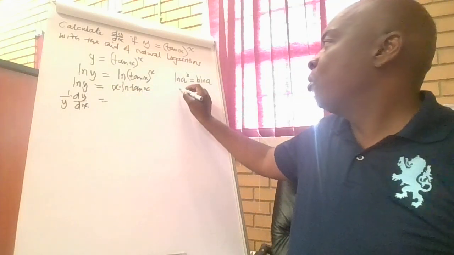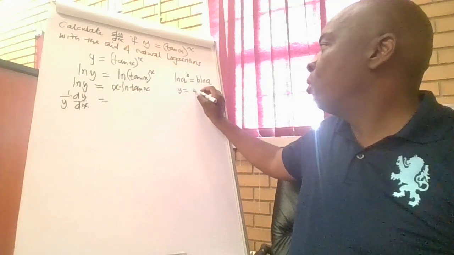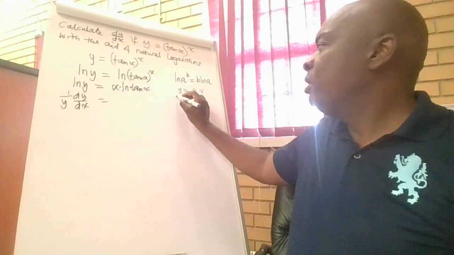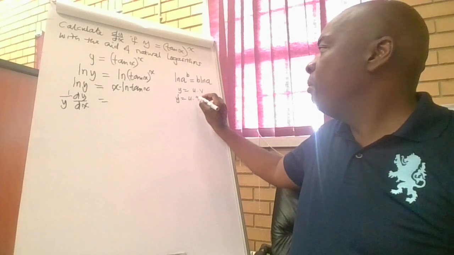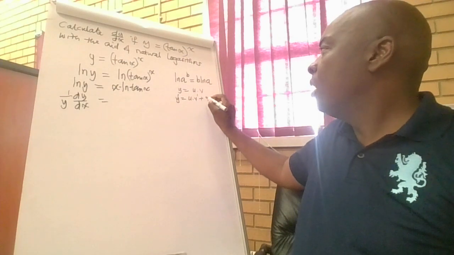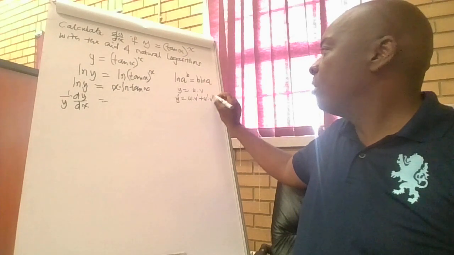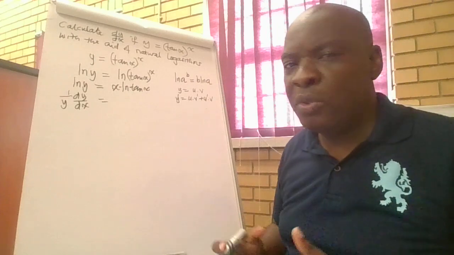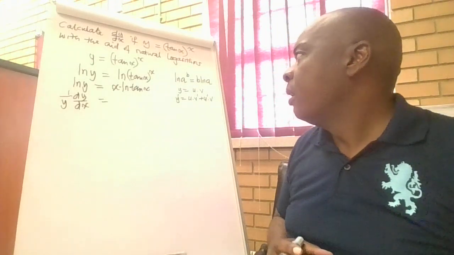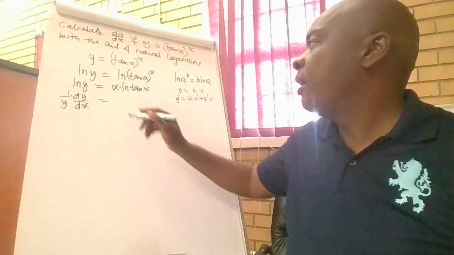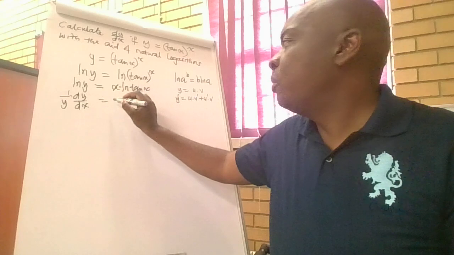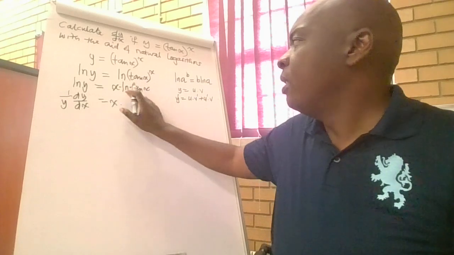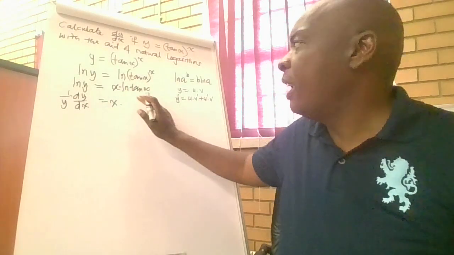Remember, with the product rule, if you have, say, y is equal to u times v, when you differentiate using the product rule, this would be equal to u times the derivative of v plus the derivative of u times v. That's the formula that we use to differentiate a product. So if I differentiate this according to this formula, I'm going to get here x times the derivative of ln tan x.